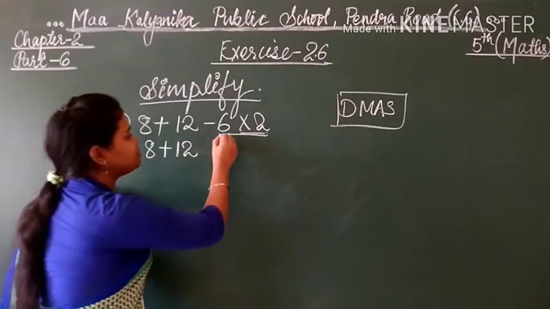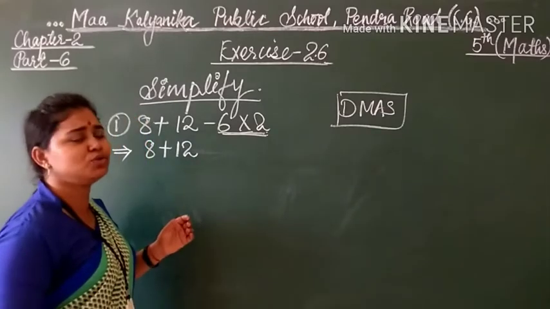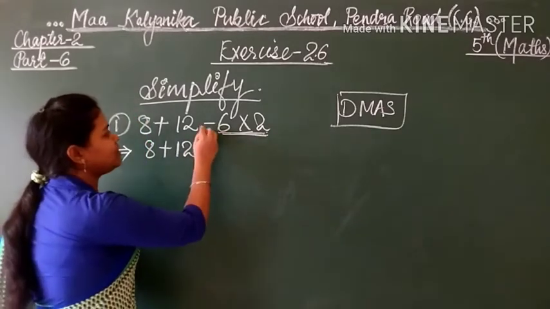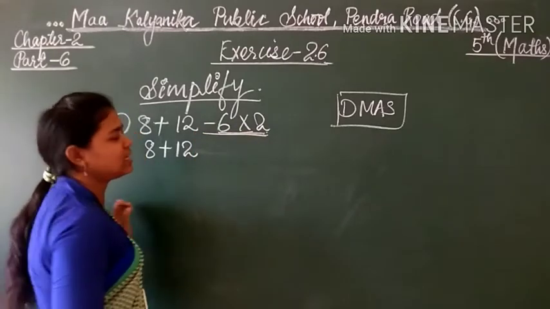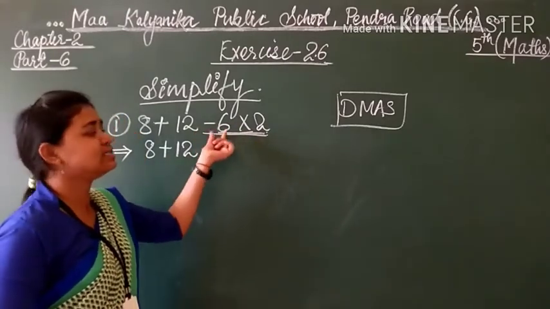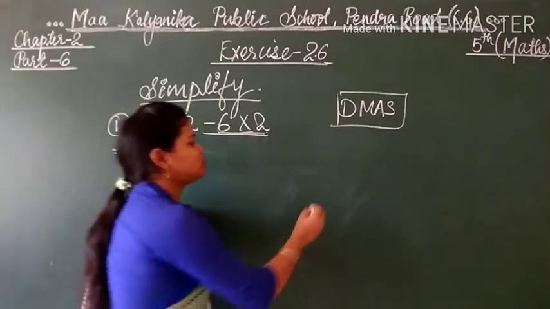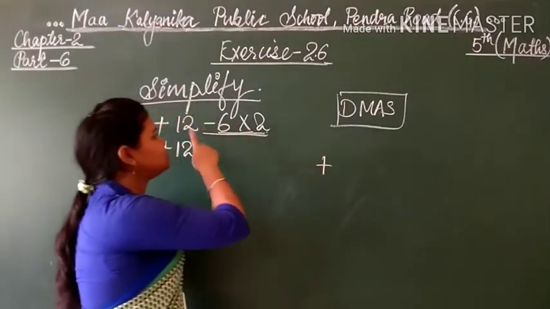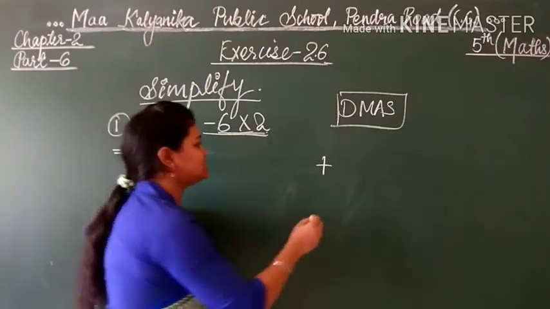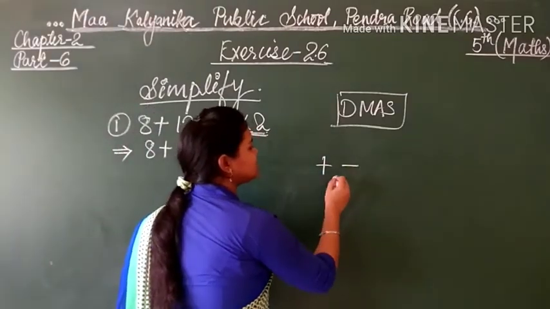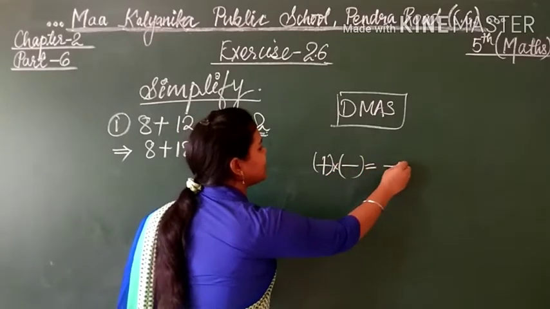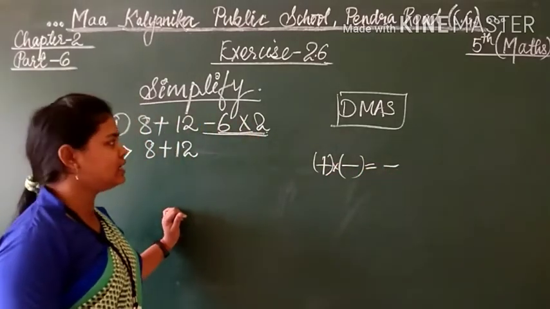Okay. Now, one more thing you should know: when you are multiplying this minus 6, which numbers are we multiplying? Minus 6 and 2. So students, 2 means plus 2 and minus 6 means the minus sign is there. If plus and minus are multiplied with each other, we get the answer minus.